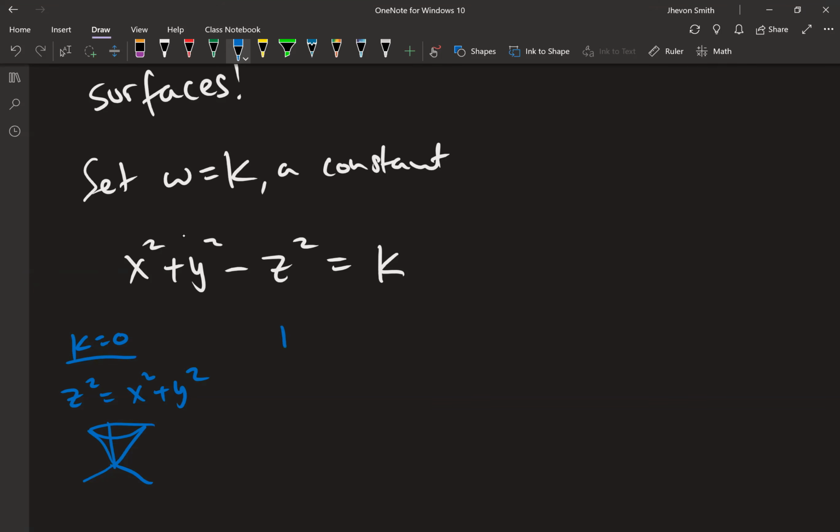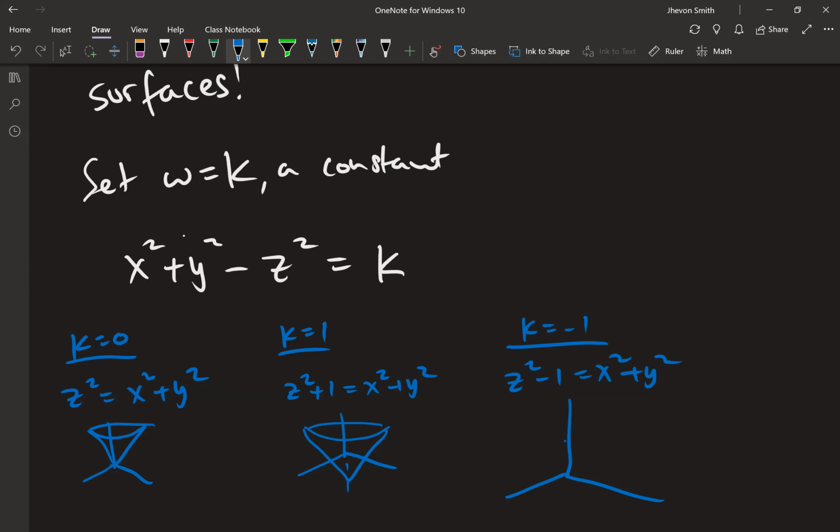But what if you plugged in K equals 1? That would give you Z squared plus 1 equals X squared plus Y squared, which is a cone shifted down 1 unit. And if K equals minus 1, this would give Z squared minus 1 equals X squared plus Y squared, which is a cone shifted up 1 unit.